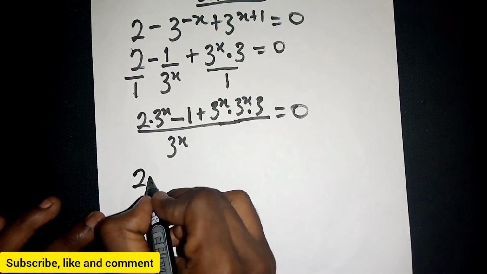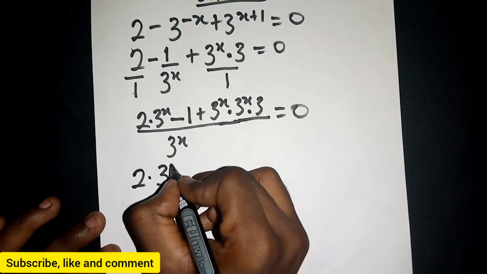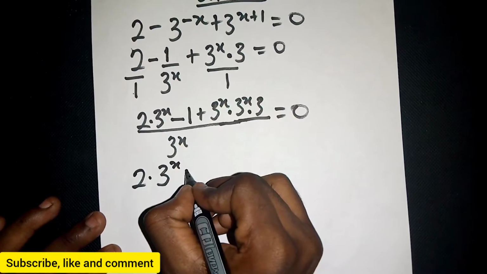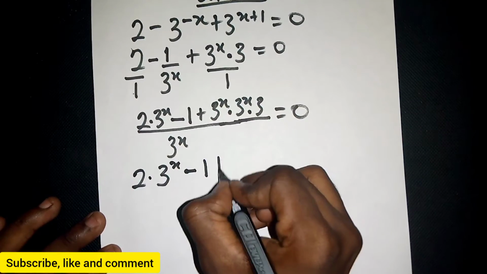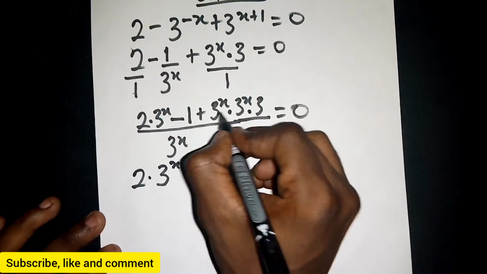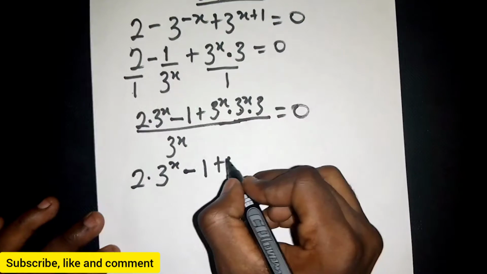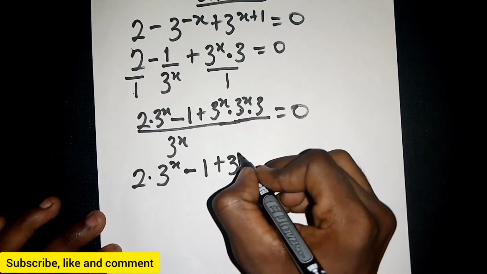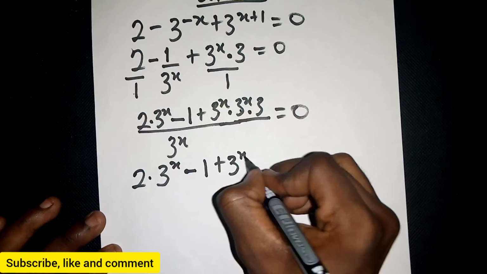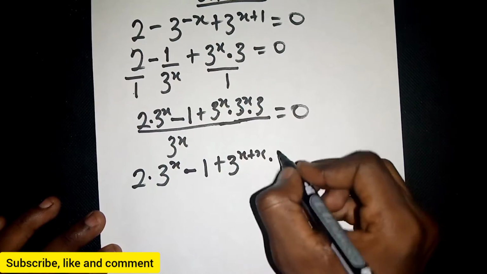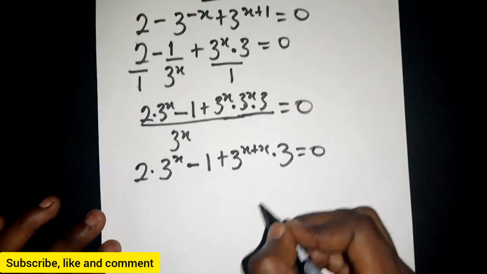So we have 2 multiplied by 3 to the power x, then minus 1, plus, now this and that we can multiply them, so we have 3 to the power x plus x, then still multiplied by 3, equal to 0.